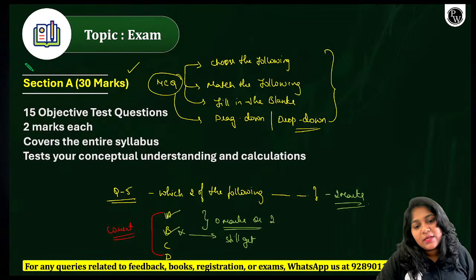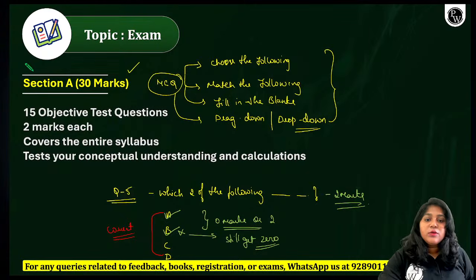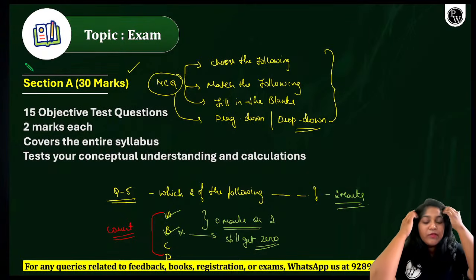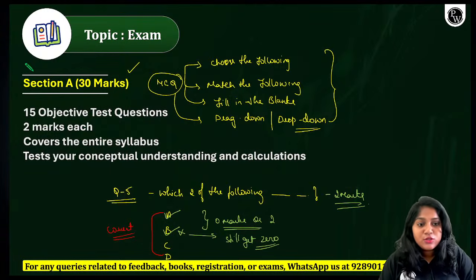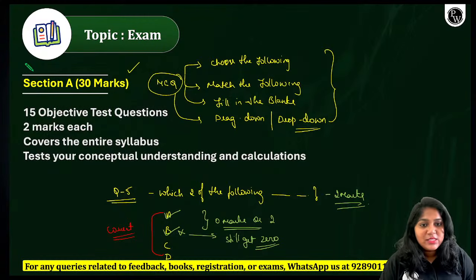So please understand, MCQ, I know it's a kind of easier option for us. We feel like MCQ is the easiest one. But unfortunately, if there are 2 answers coming into the picture, and one is right and another one is wrong, the ACCA examiners evaluate it by artificial intelligence. So it is either 0 marks or 2 marks. There is no in-between 1 mark that you can expect in section A. So we have to be very, very careful on this.